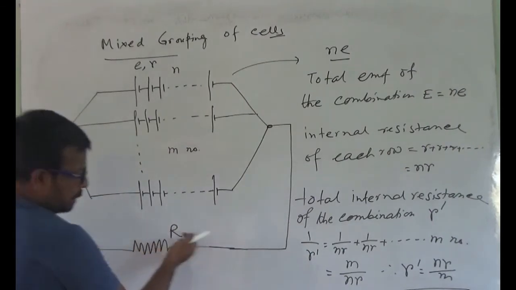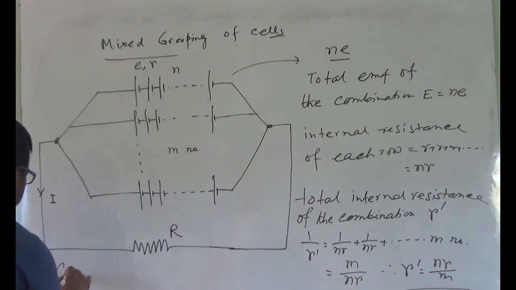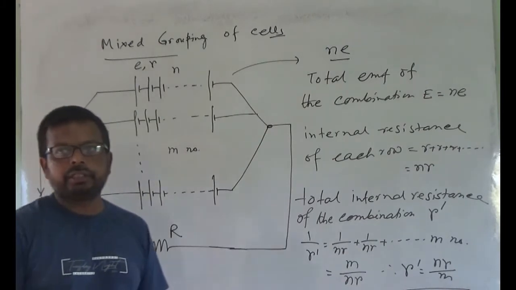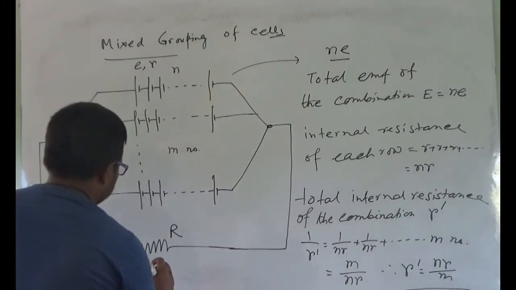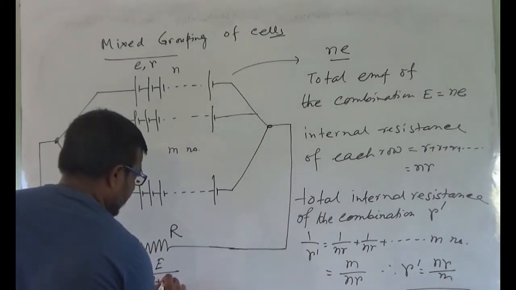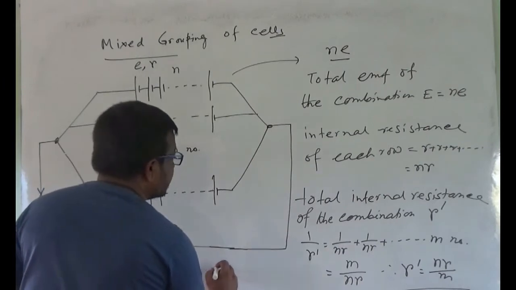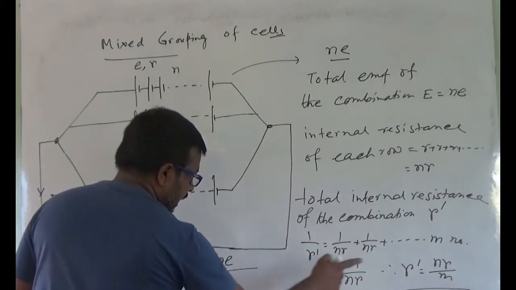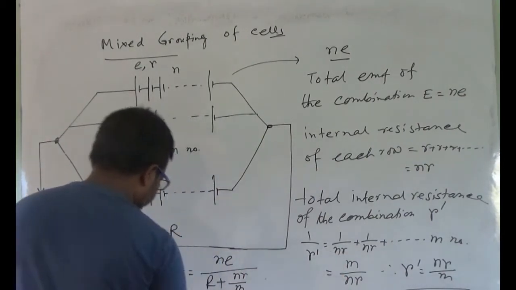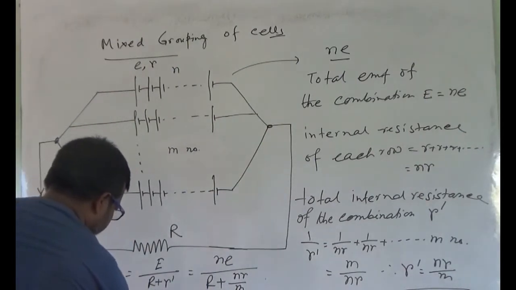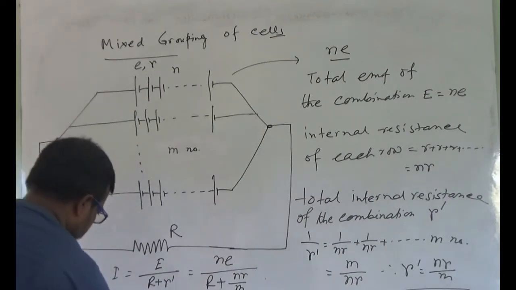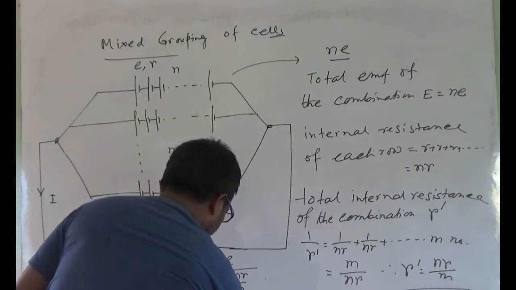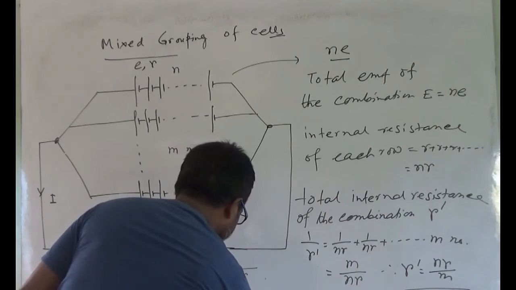Therefore, total resistance is R plus R dash, and therefore the current I through the combination, or the current flowing through the circuit, I will be equal to capital E divided by R plus R dash, or we may write capital E as small n small e divided by capital R plus R dash, which is nr by m, or we may write ne divided by, taking LCM as small m, mR plus nr, or we can write mne divided by mR plus nr.